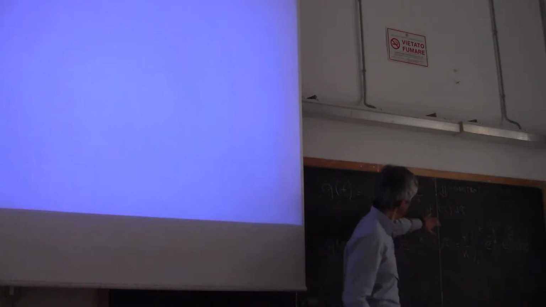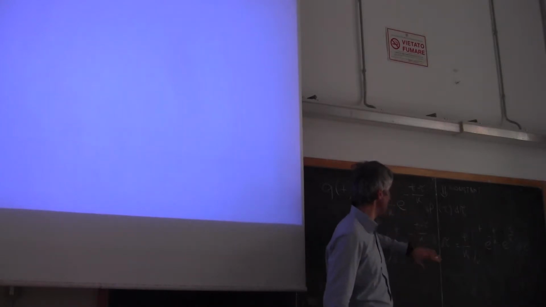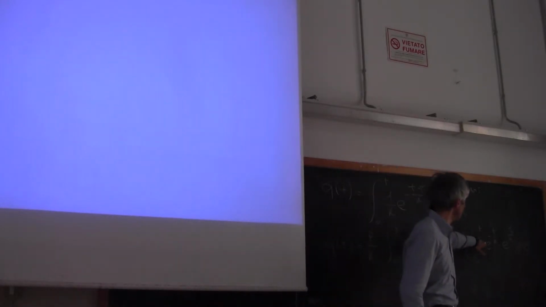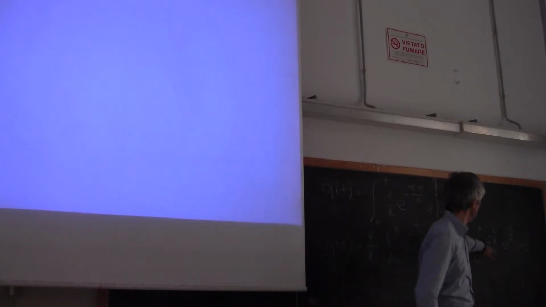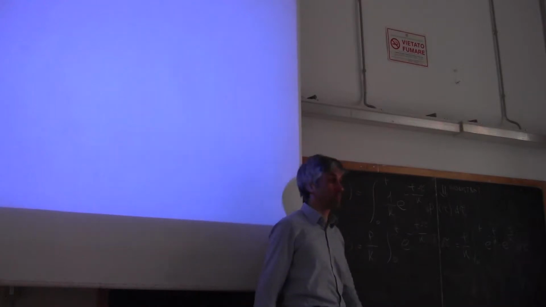So we split this into the product of e to the power of minus t over k times e to the power of tau over k.